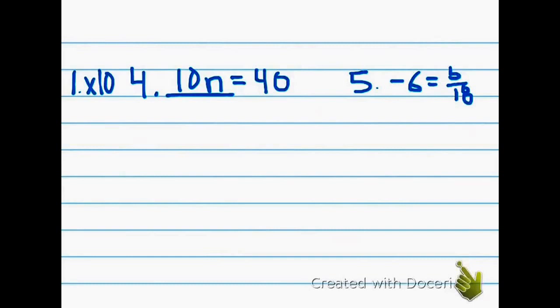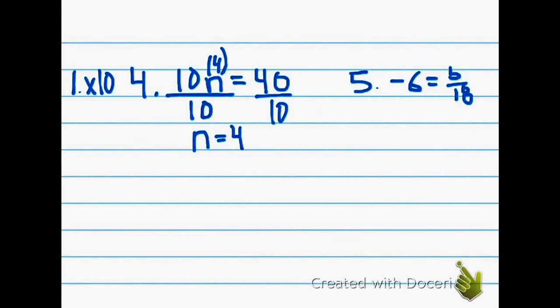So 10 divided by 10, and then 40 divided by 10. And then you just bring your n down. And then 40 divided by 10 is 4. So if you plug a 4 in the n, 10 times 4 is 40. So you know you got the answer right.